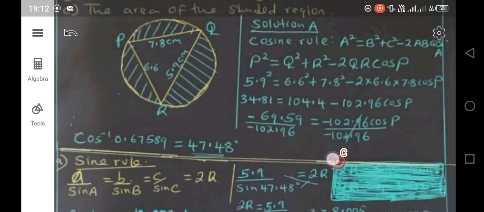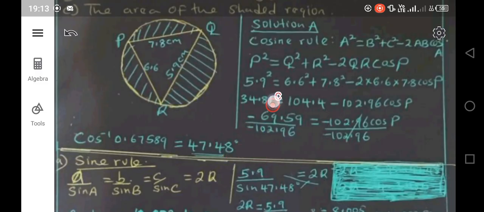You are going to come up with cos inverse of 0.67589. Finding the cos inverse of this, we get this angle indicated as 47.48 degrees.